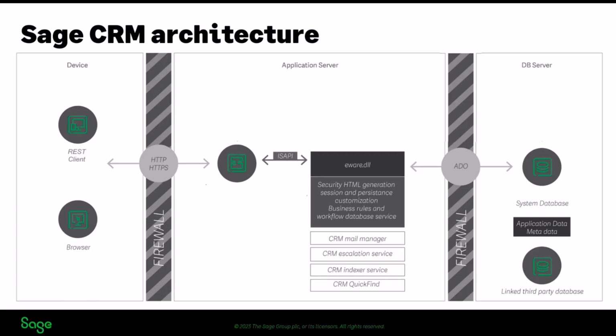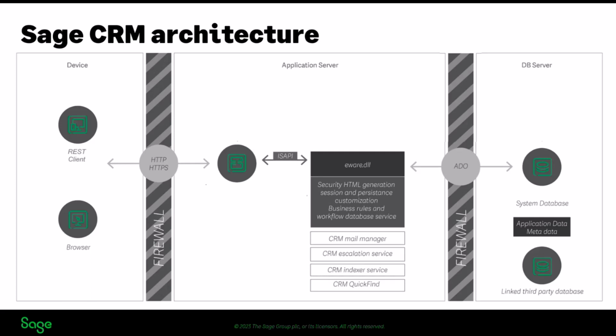Ultimately, each of these services govern the management of inbound emails and automatic responses, that's the mail manager; the escalation service, which is managing behavior as and when particular circumstances occur within a time frame; the indexing server, to do with searches and positioning of data; and quick find, to do with being able to type in the first 3 letters and have responses come out within the top bar of CRM.